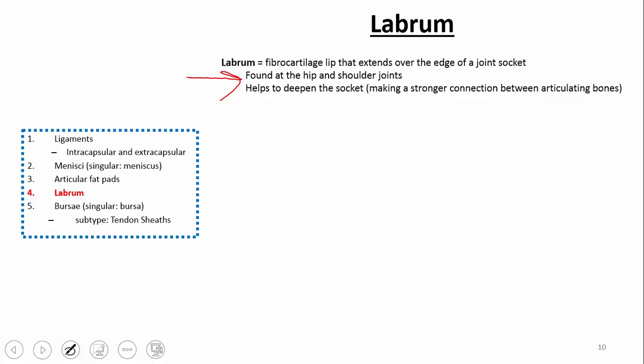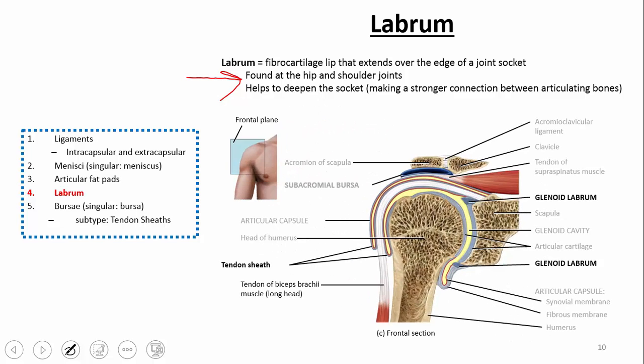They help prevent that dislocation of the bone from that joint. It doesn't always work, but that's the idea. Here we look at the shoulder specifically, and we have something called the glenoid labrum. You could see it extending around the humerus, which is the bone coming out of the shoulder and going down into the arm, and it helps keep it in place.